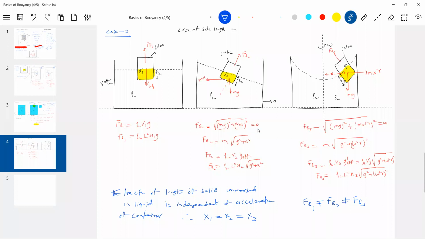How to calculate the effective buoyancy? The effective g. Since x1 equals x2, therefore what can we write? Even the volume immersed is also the same. So the fraction of volume immersed is independent of the acceleration of the container. So like this, we'll make a rule.